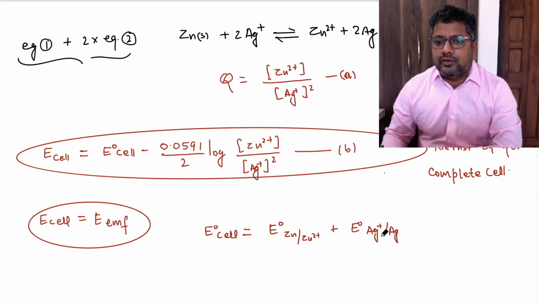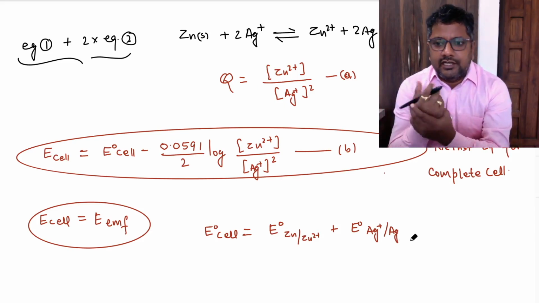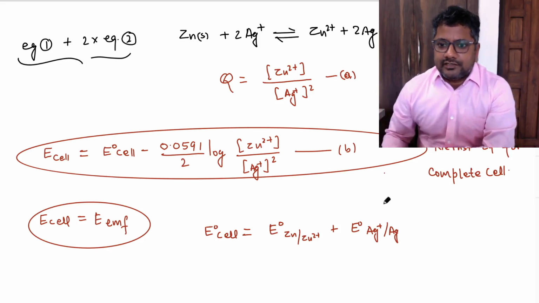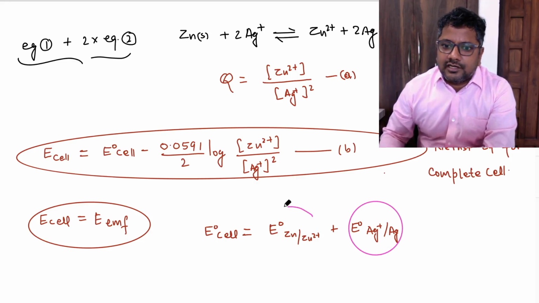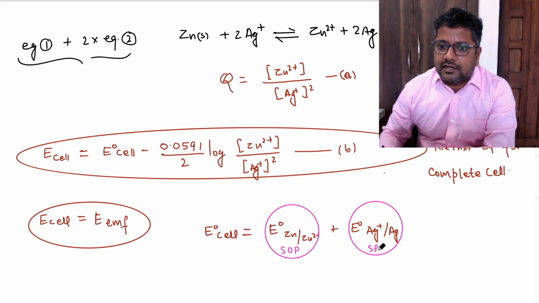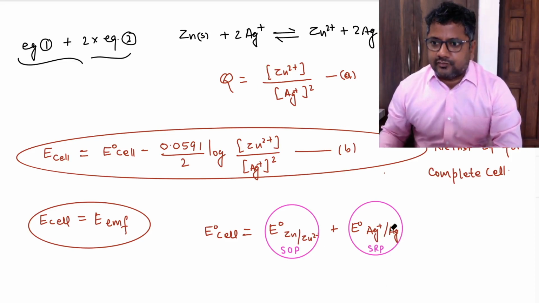Don't write here 2Ag+ gives 2Ag, because multiplication will not affect this E naught value. So this is standard oxidation potential, SOP, plus standard reduction potential, SRP.